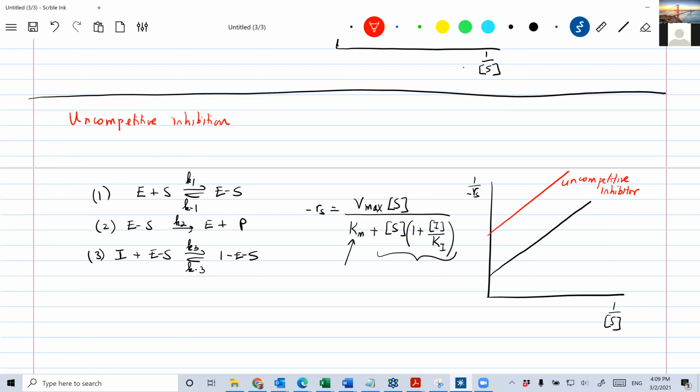So it's always nice to see how the equations themselves explain the phenomenon. On your homework or exam, because there's one last type of inhibition, the question is to derive this.